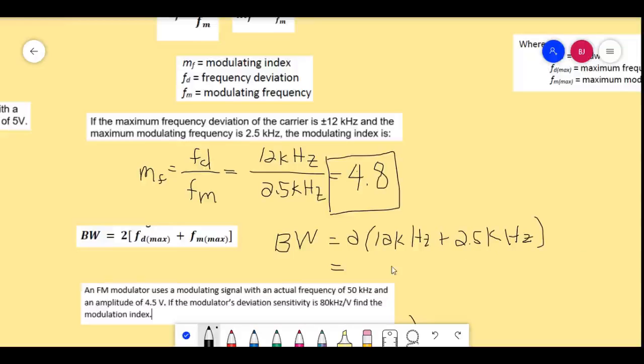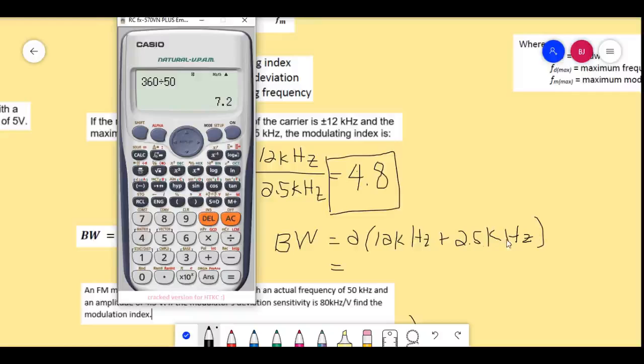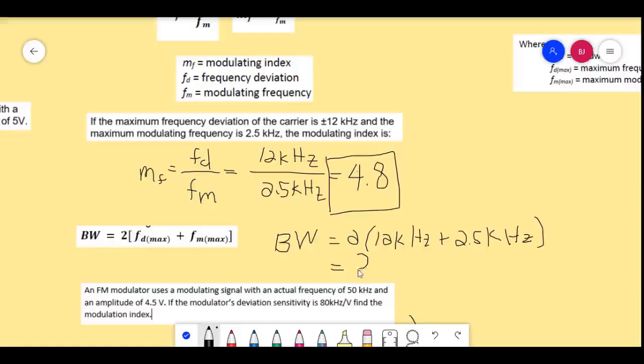Now we could add these two directly, as again they have the same prefix. We can't do that if they are not both kilo, both mega, or whatever prefix is written there. So 12 plus 2.5 is possible, again, because they have the same kilo prefix. Then we multiply it by 2, we get 29. Of course, we keep the prefix of kilohertz. So this would be its bandwidth according to Carson's rule.